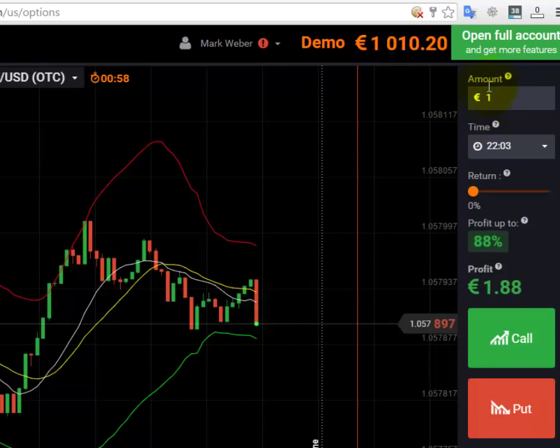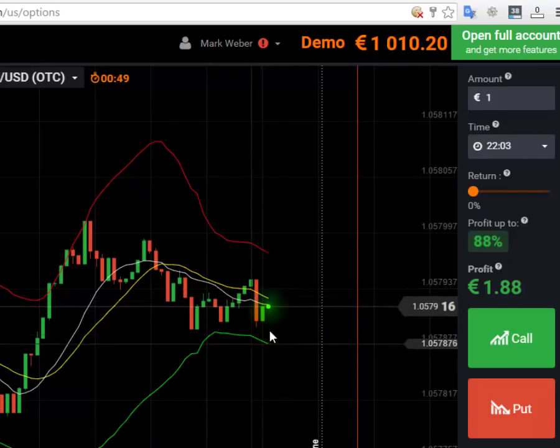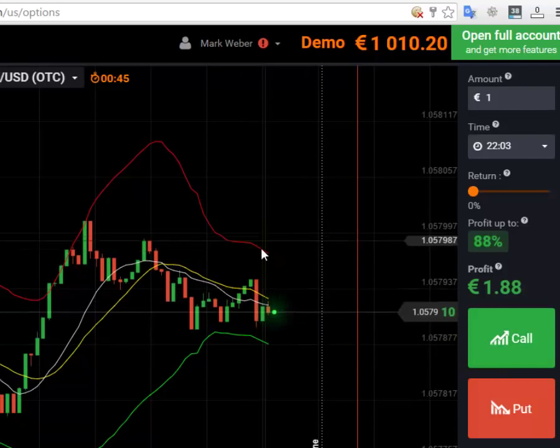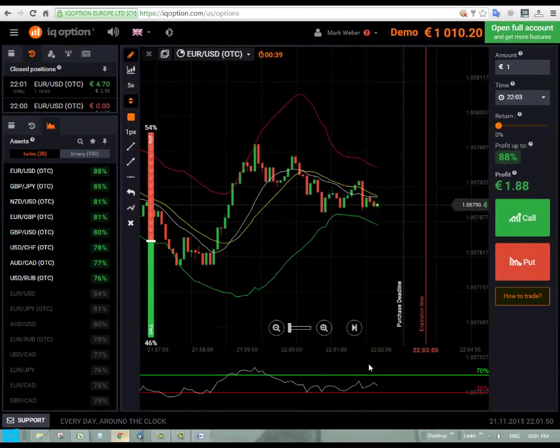Again, we are preparing ourselves with a 1 euro investment, and depending on the prices, if it hits the bottom line, we make a call. If it hits the upper line, we make a put. And also we are monitoring the RSI indicator to see the trend first of all, and then if the asset is overbought or oversold.